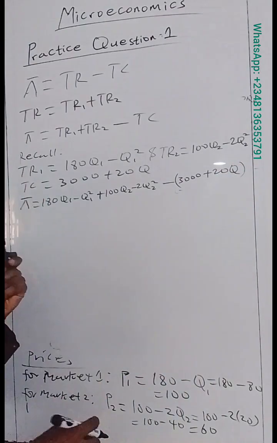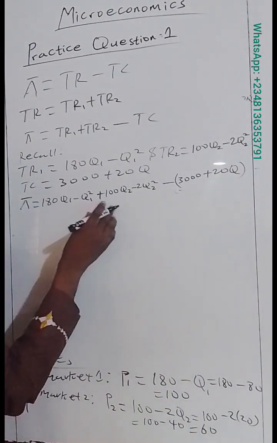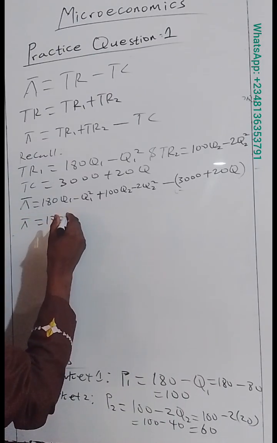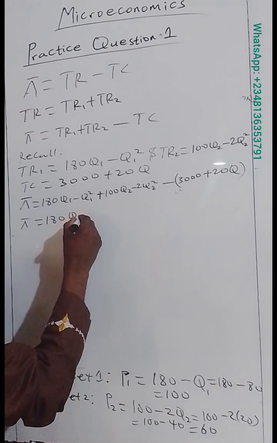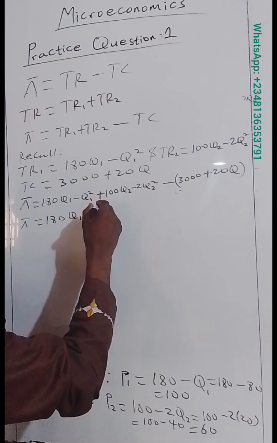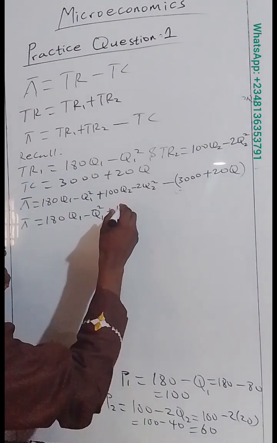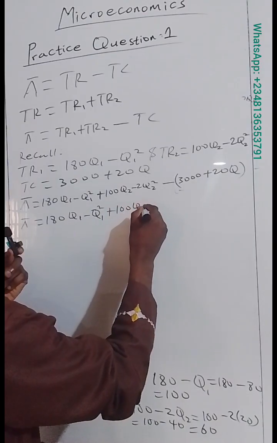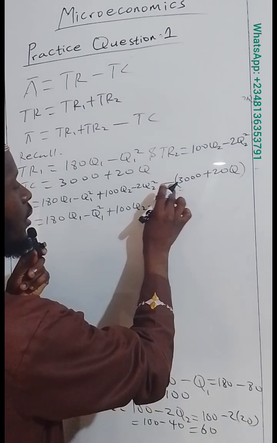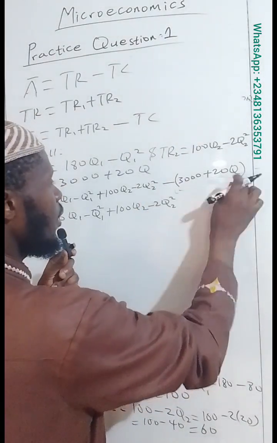So this can be written as pi equals 180Q1 minus Q1 squared, plus 100Q2 minus 2Q2 squared. Then you have to multiply everything in this bracket by this minus.